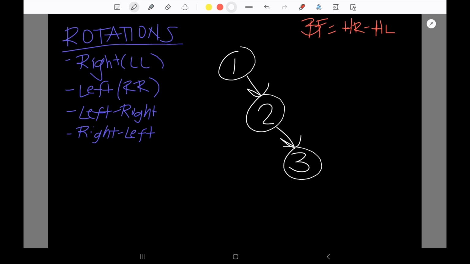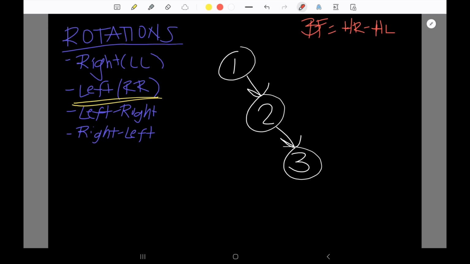So we're gonna rotate it to the left because the tree is unbalanced, as I've said, with the balance factors here. Right. Did you get it, guys? Okay, nice.